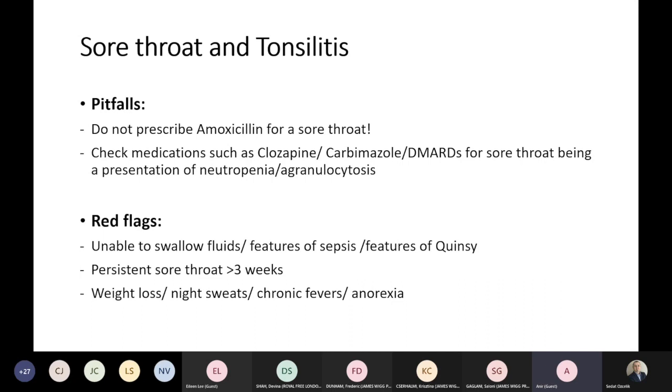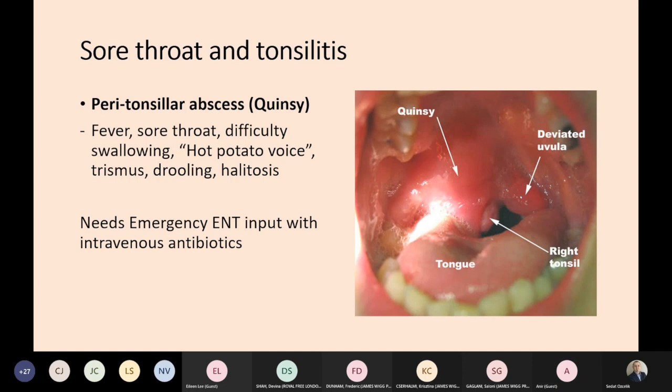So these are things to really elicit when someone presents to you with a persistent sore throat. You may want to then think about doing some blood tests, a full blood count, to assess this further. Next slide, please. Okay, so generally when I've put a slide in red, it means it's to think about a potential serious differential when you're assessing a common presentation.